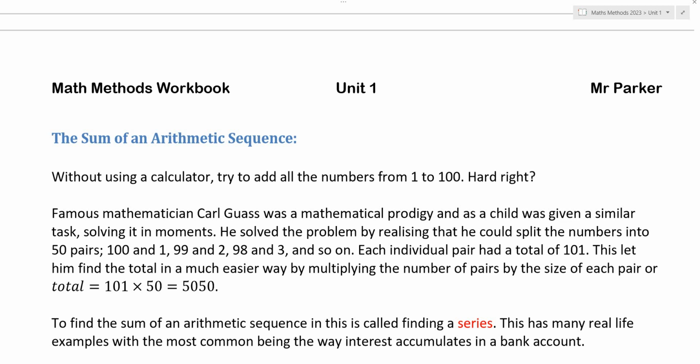And that'll give you your answer. So he solved the problem by realizing he could split the numbers into 50 pairs of 101: 1 and 100, 99 and 2, and so on. 5,050. So there you go. I'll be straight up, I never would have thought of that without reading it first, but this is why I'm not a famous mathematician or scientist with formulas named after me.